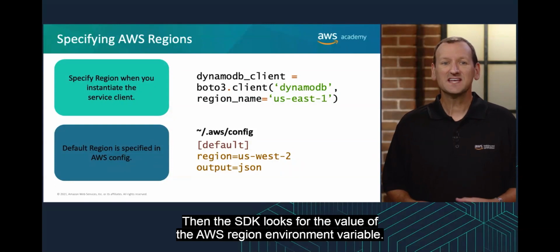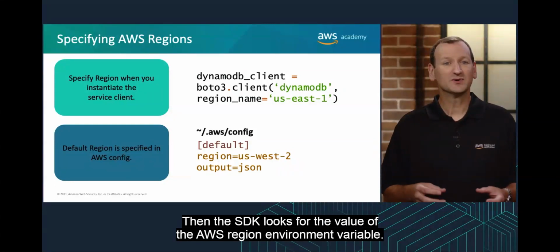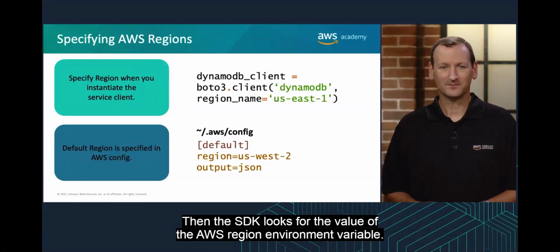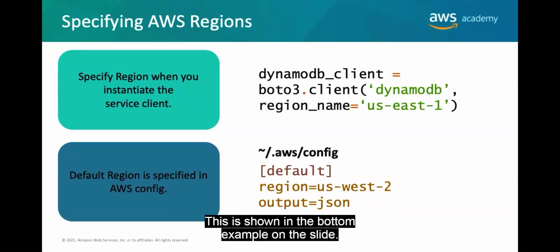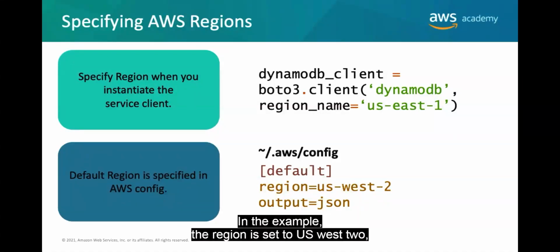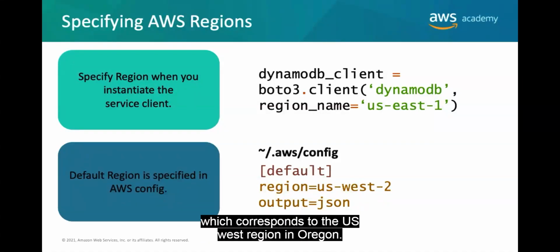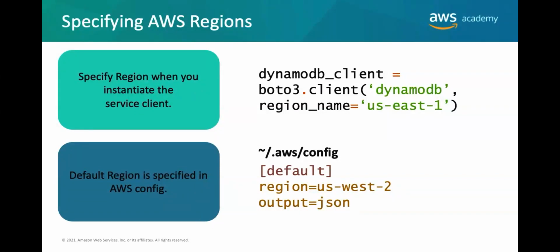Then, the SDK looks for the value of the AWS region environment variable. Next, the SDK looks for the value in the ~.aws/config file. This is shown in the bottom example on the slide. In the example, the region is set to US West 2, which corresponds to the US West region in Oregon.